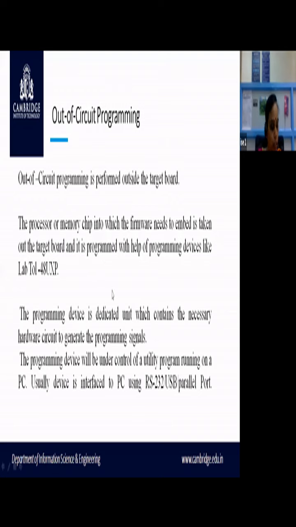The chip which you take out from the target board will be under the control of a program running on the PC. Usually the device is interfaced to the PC using RS-232, USB or parallel port. With the help of these, that particular chip can be connected to your PC.